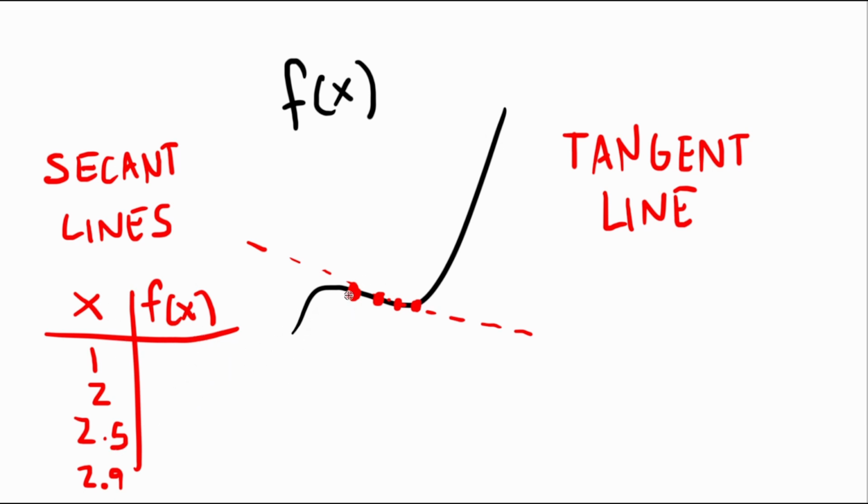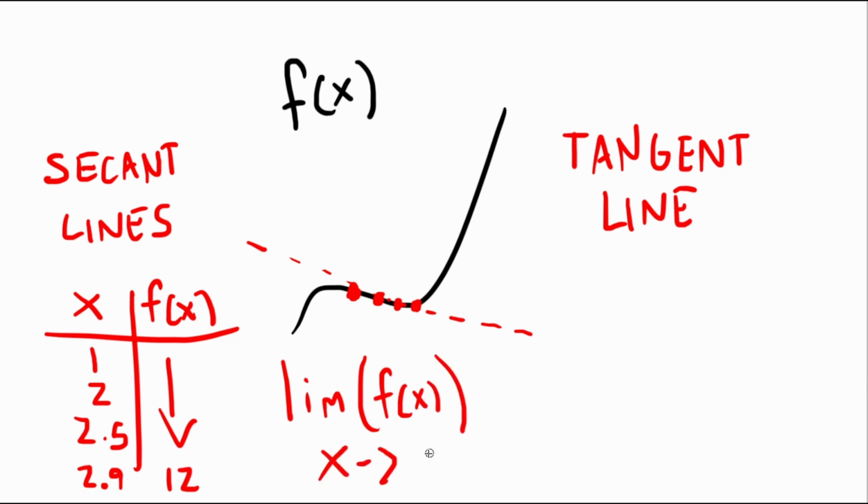As x approaches 3, our f of x is going to go to a specific number, let's say 12. And how we would express this is saying the limit of f of x as x approaches 3 is going to be equal to 12. And this is how we can use limits and secant lines in order to find the line tangent to the function at a given point.